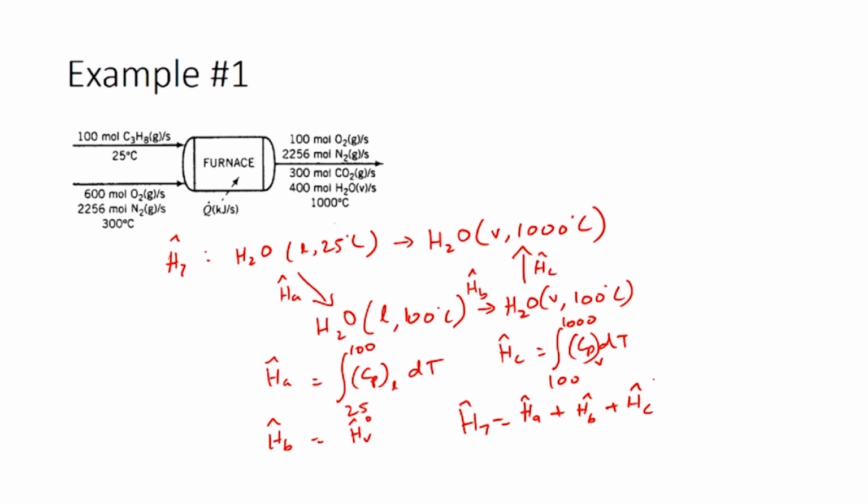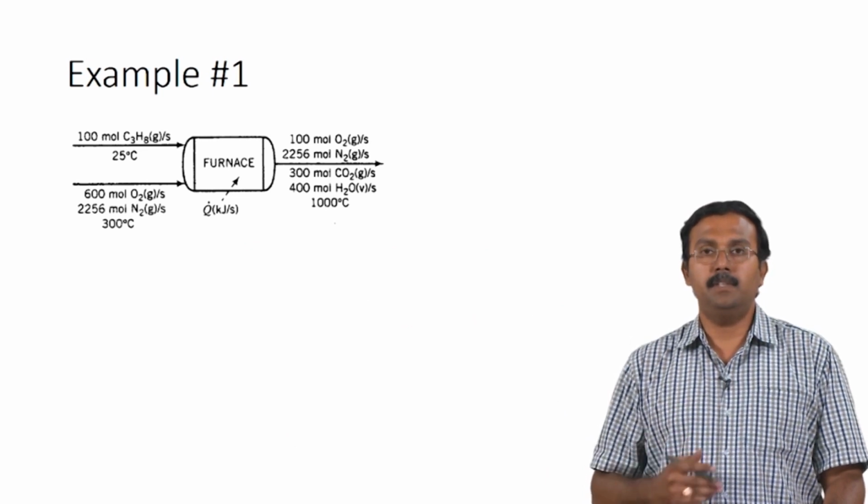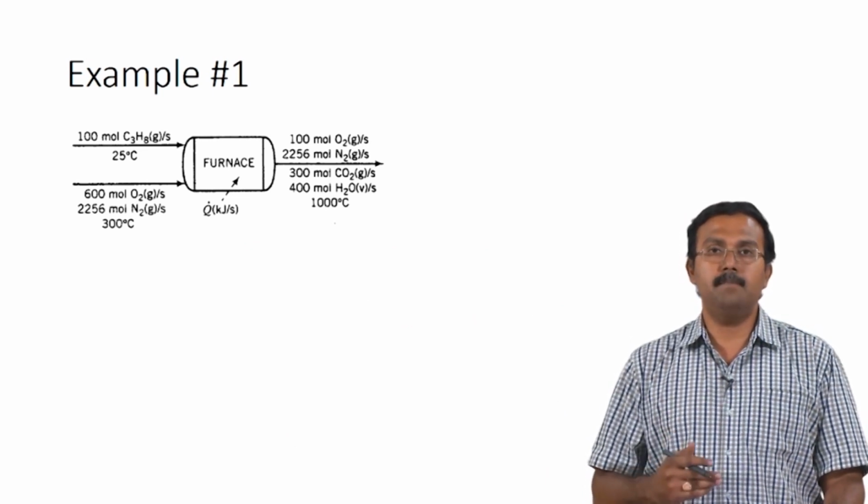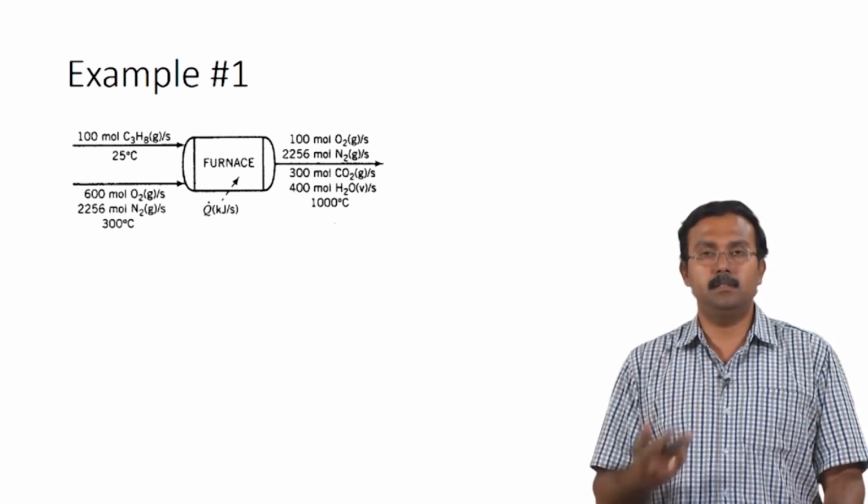Or you use the steam tables for the enthalpy of water liquid at 25 degrees Celsius and water vapor at 1000 degrees Celsius and find the difference. Either way, you would end up with H7 cap as 81.71 kilojoules per mole.